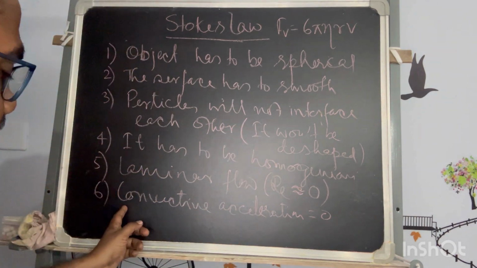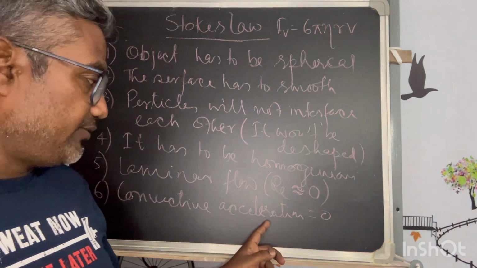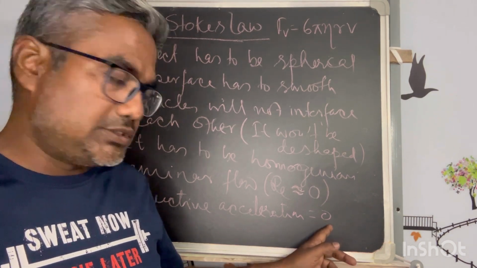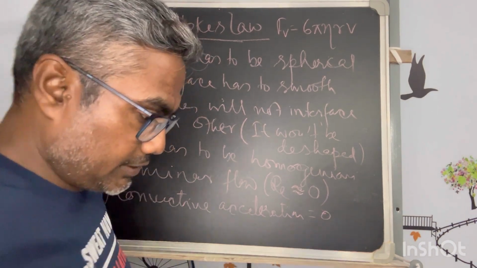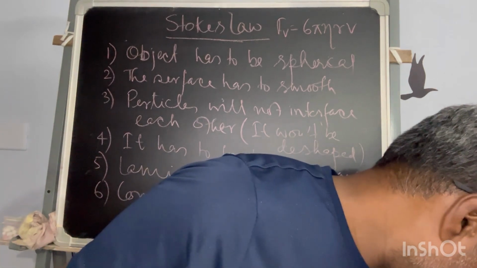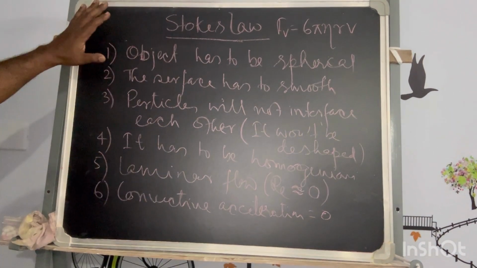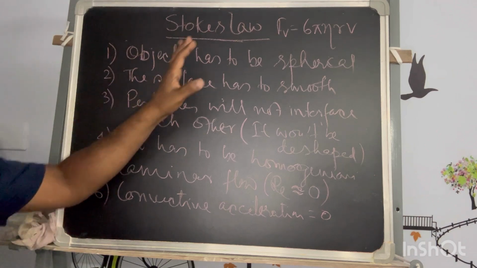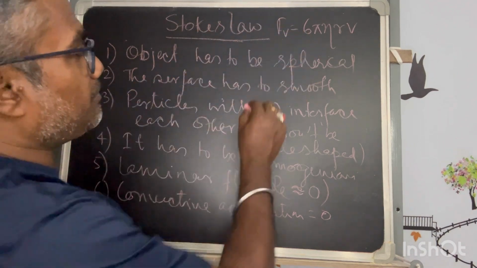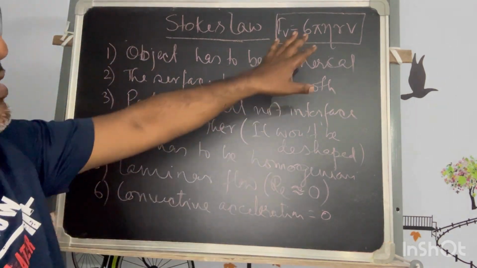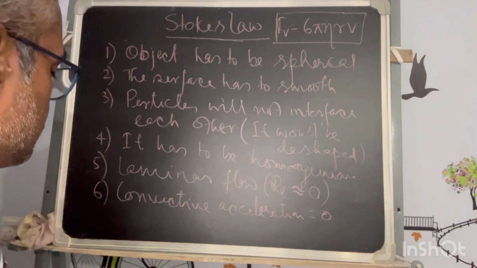There I have already explained what is convective acceleration, and convective acceleration for this also has to be 0 for Stokes law. Okay, and anything else left? Smooth surface I will draw. So these are the basic conditions on which the Stokes law will be applicable, and the result will come, the viscous force is this one. Okay, so this is your Stokes law.